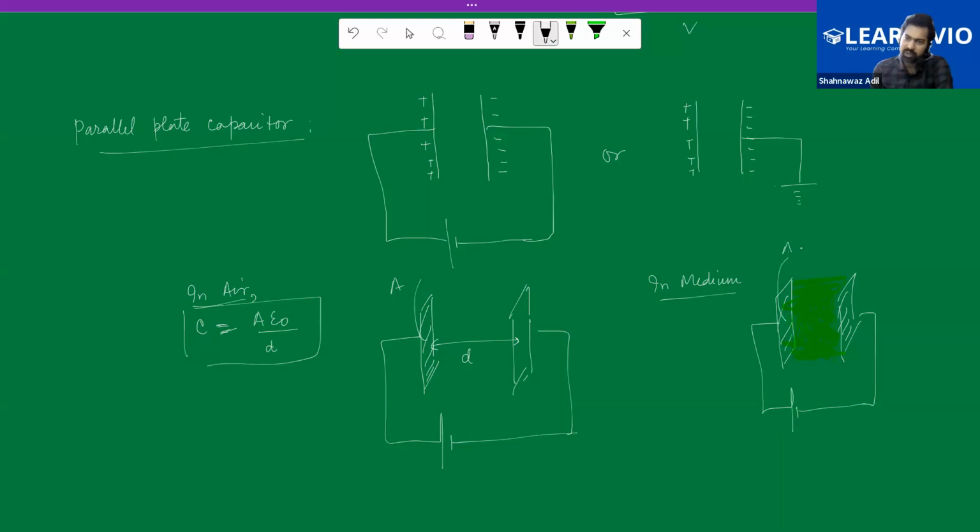So this is A, then this is d. So this capacitance would be simply A epsilon by d. And what is this epsilon? So this is A epsilon naught K by d, where this K is the dielectric constant, not the other K. So this K is different. This is the dielectric constant.